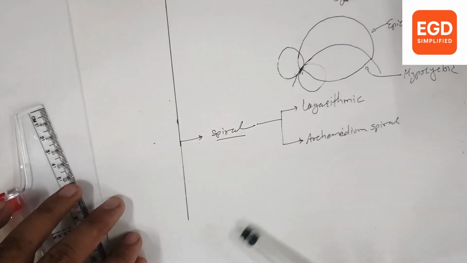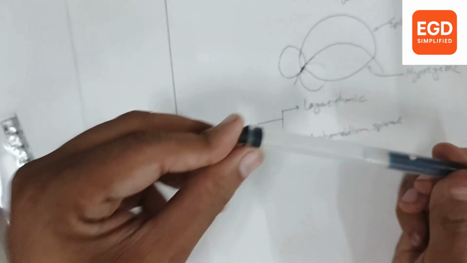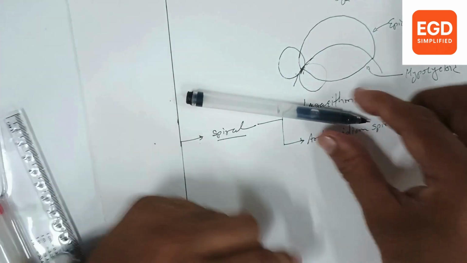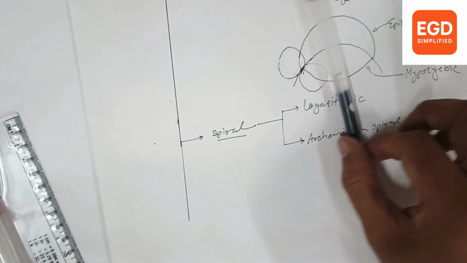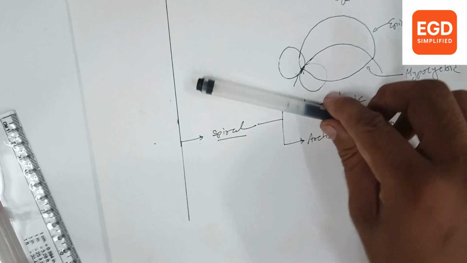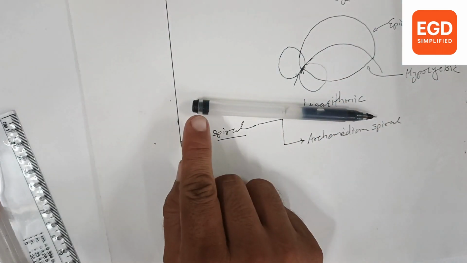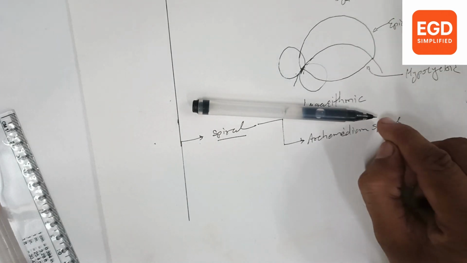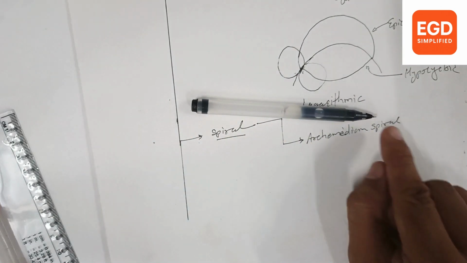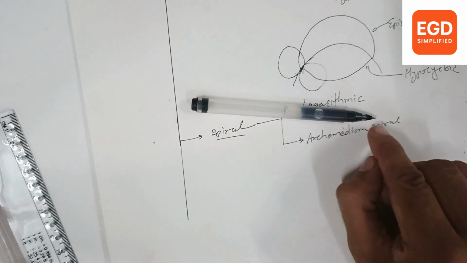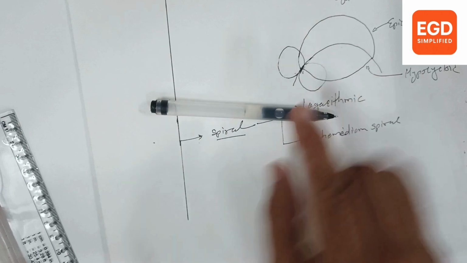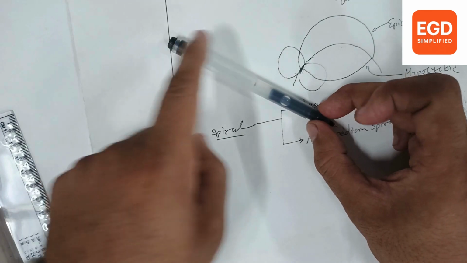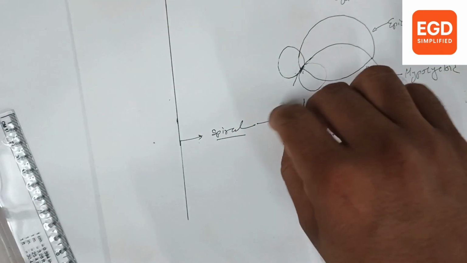So how will the spiral entity be generated? Suppose there is a pen. You are revolving this pen in a clockwise direction. At the same time there is an insect traveling from this point to this point, let's say point A and point B. You are revolving this pen by keeping point B as the center. At that time an insect is traveling from point A to point B. So what will be the path of that insect for one revolution?